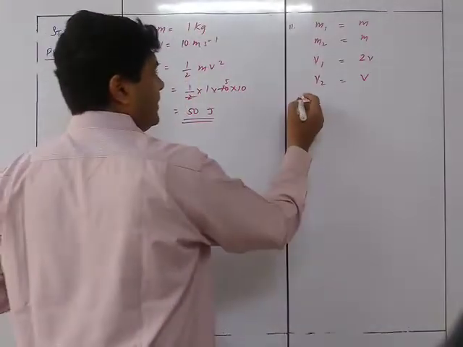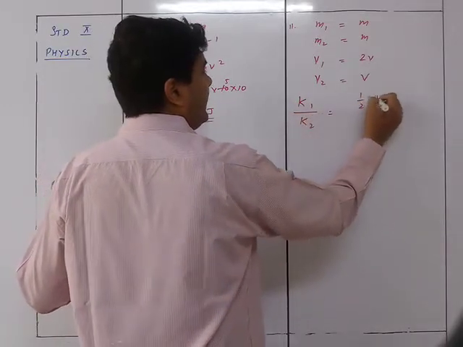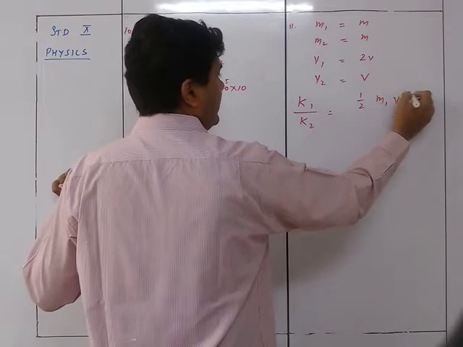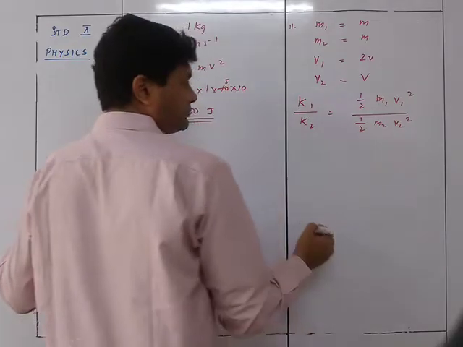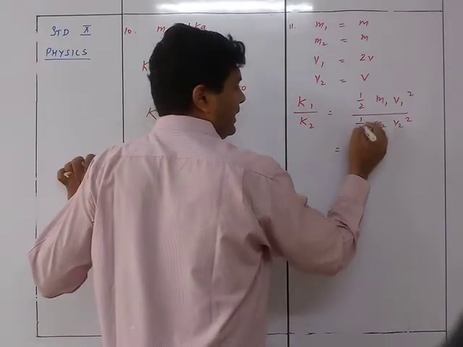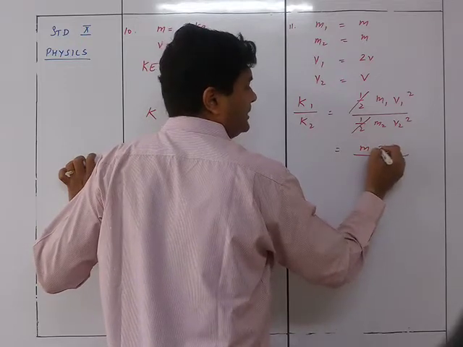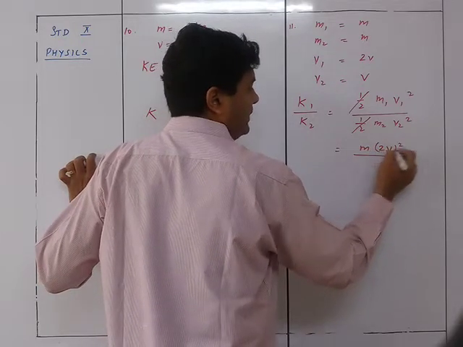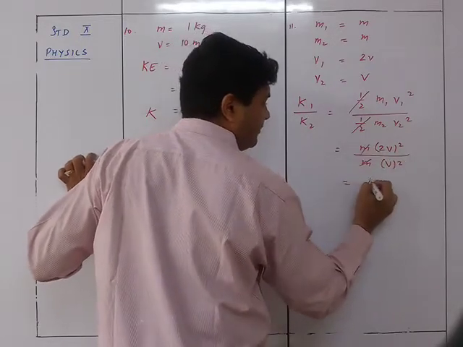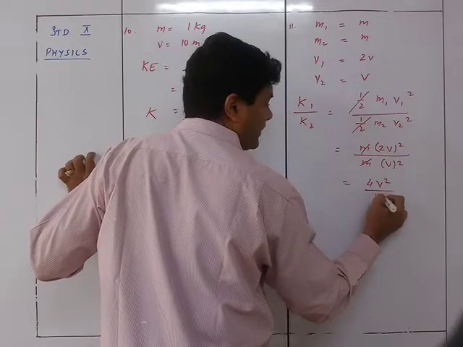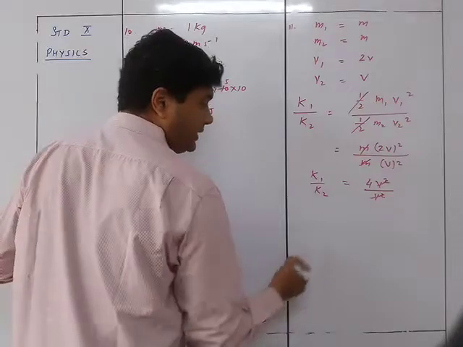So accordingly we have k1 upon k2 is equal to half m1 v1 square upon half m2 v2 square. The half gets cancelled, m1 is m, v1 is 2v the whole square, upon m into v the whole square. The m gets cancelled, we get 4v square upon v square. So k1 upon k2 is 4:1.